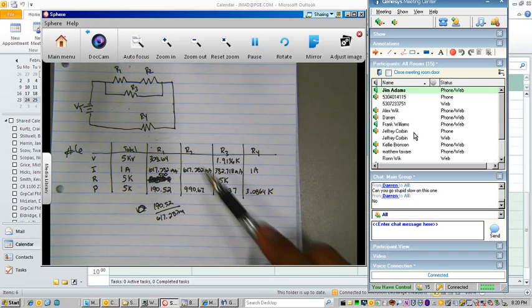Now the voltage for R1 equals power divided by current. So power is 190 divided by 617.282 milliamps.